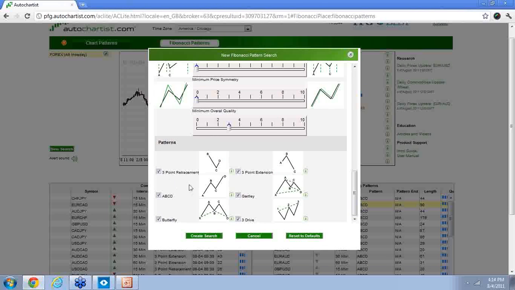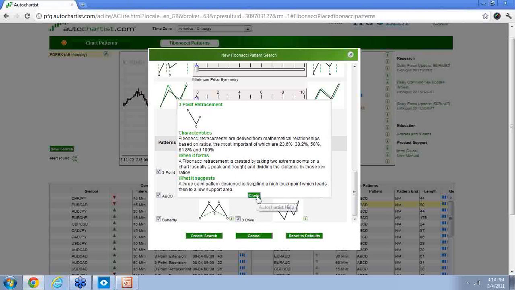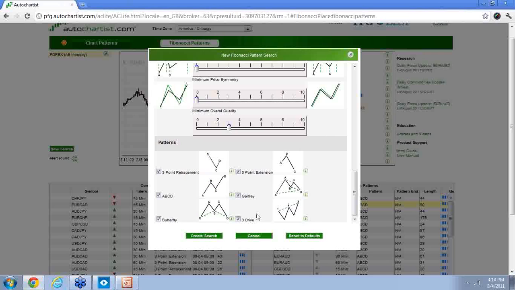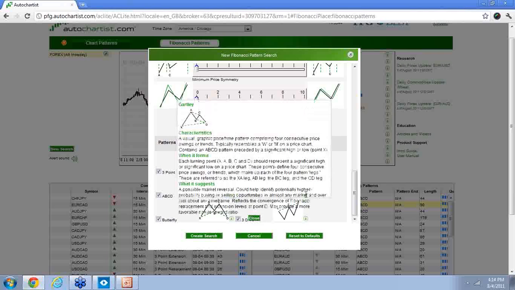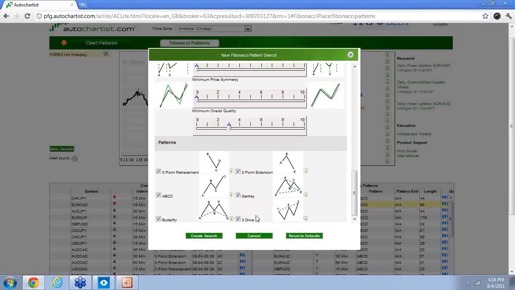And that's a 3-point retracement, and it gives the rules here and the characteristics. It may be a pattern which is more complex, like a Gartley pattern, which takes into consideration multiple legs and price and time symmetry. So it's a little bit beyond the scope of an introductory webinar, but you can see that this is how it's constructed.